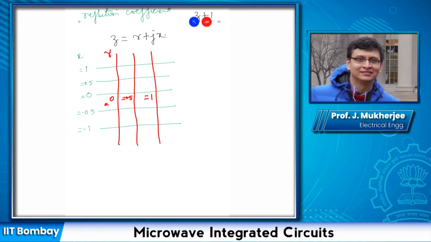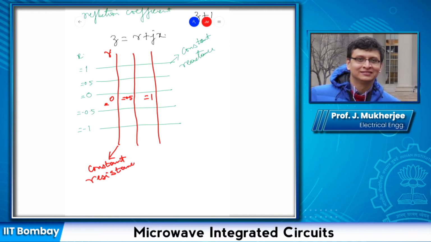Small correction. So these green horizontal lines represent constant reactance. Similarly, these vertical lines represent constant resistance.